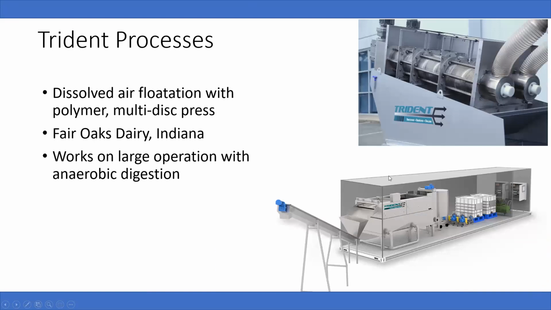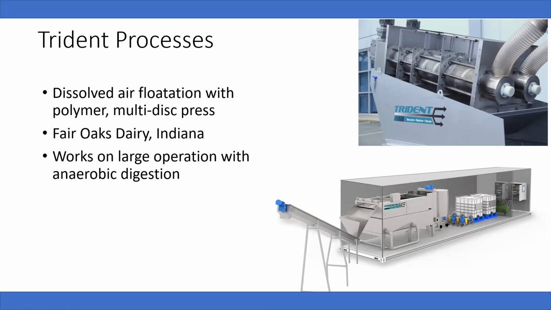Trident processes, again, a really nice technology that's used at Fair Oaks Dairy in Indiana. As you might know, Fair Oaks uses anaerobic digestion for all their manure. They are a very large facility, but what Trident process is doing is taking that liquid that comes out of the digester and putting it through dissolved air flotation using polymers.